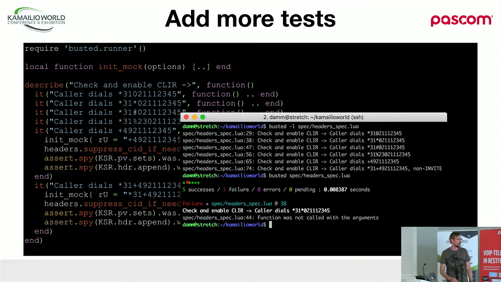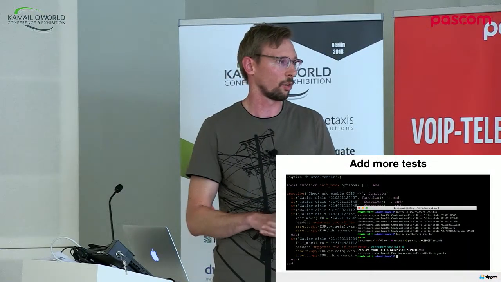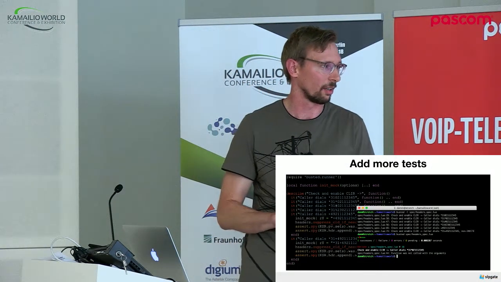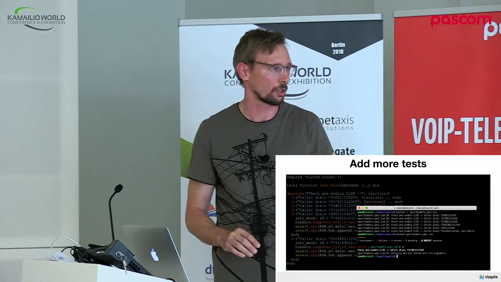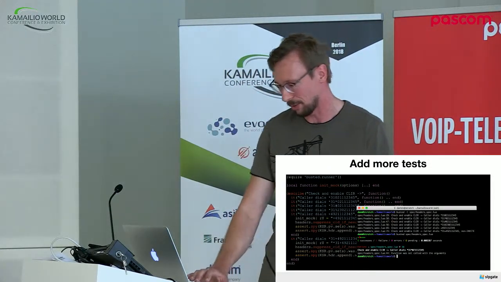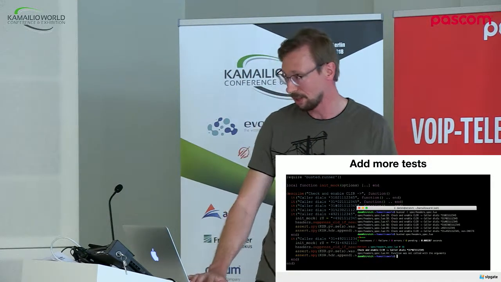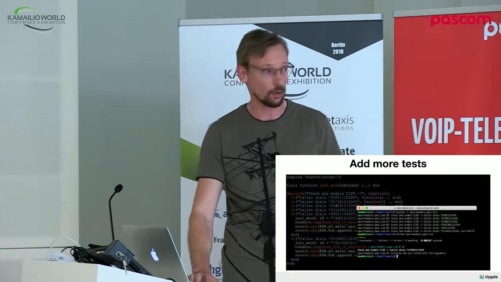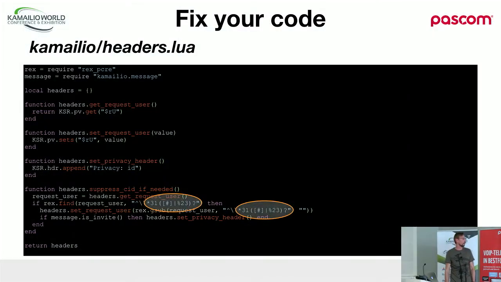And we see our tests are now totally fine, but the code apparently isn't. It tells us that the function wasn't called with the right arguments. So we have to look into the code again, and that's the point where it is. And yeah, of course, I forgot something.